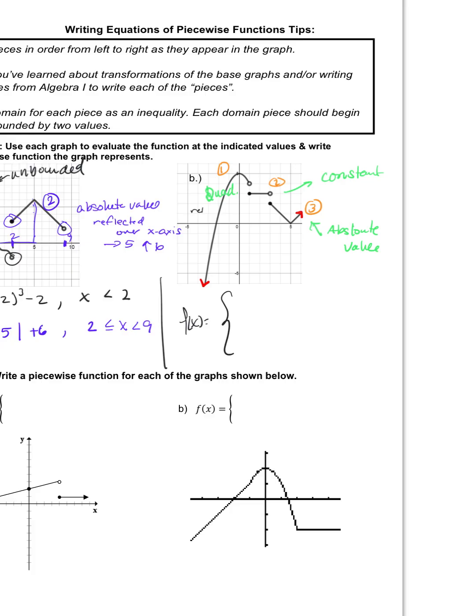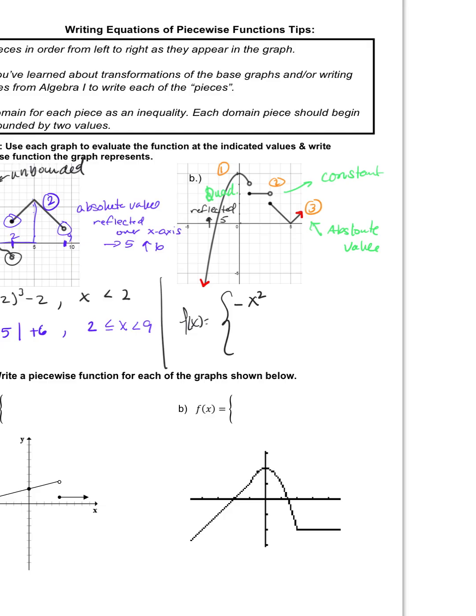So this is reflected. And it is shifted up 1, 2, 3, 4, 5. It did not move left or right, so I don't have to write that part. So quadratic is just reflected over the x-axis. So that makes this the negative out here, reflected over the x-axis.